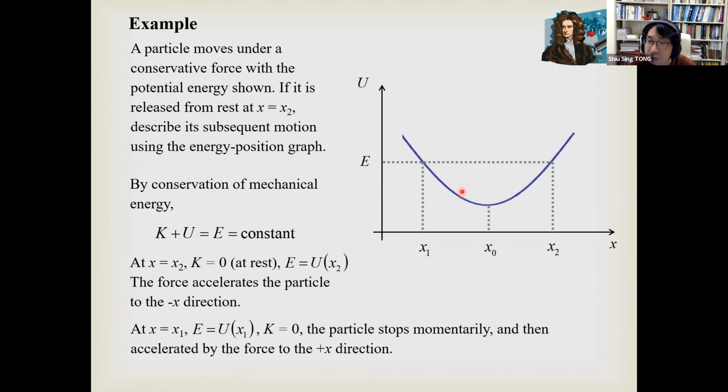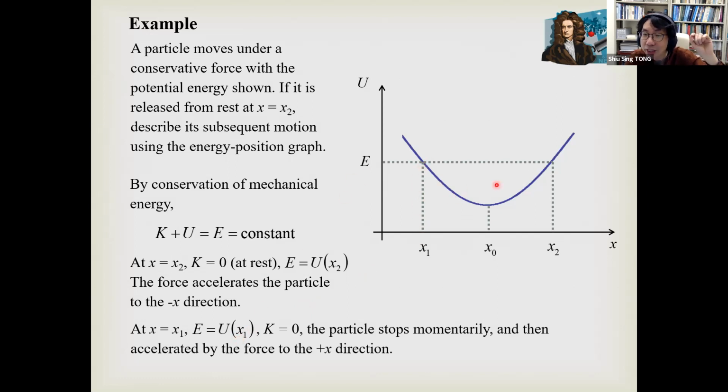But after passing through the minimum position, you can see the conservative force is going in the opposite direction to the velocity. So it decelerates the object until it reaches the other side. The other side is the position x1. At this position, again, the total mechanical energy is equal to the potential energy at x1.